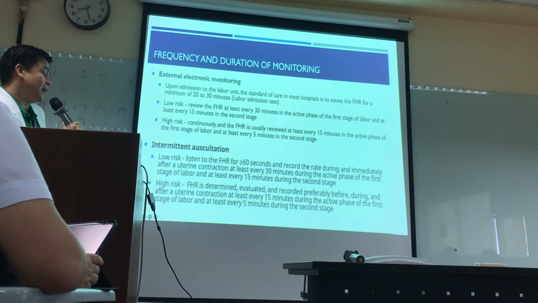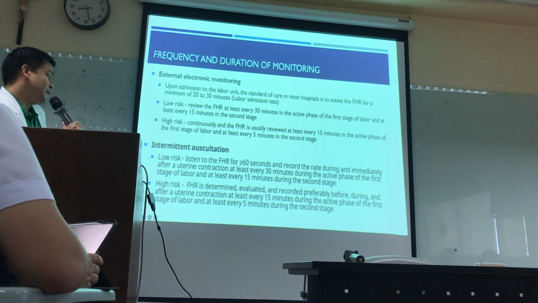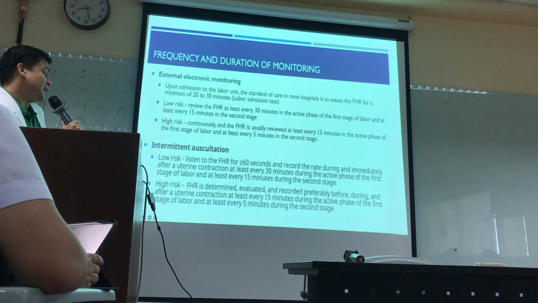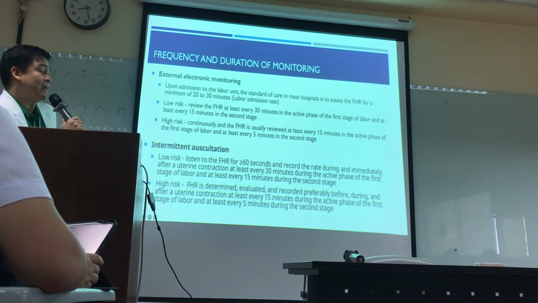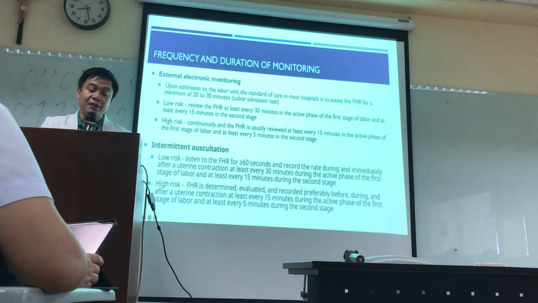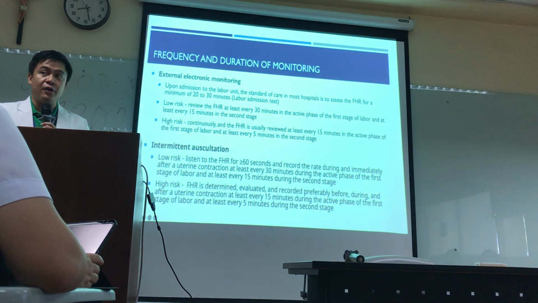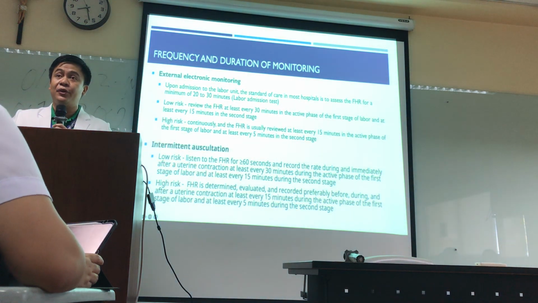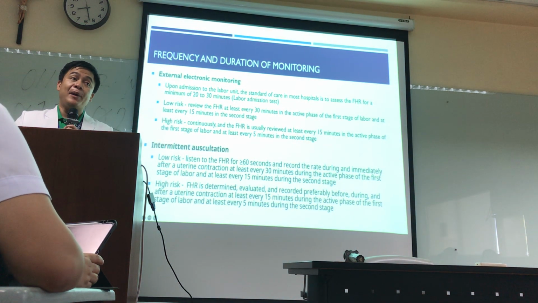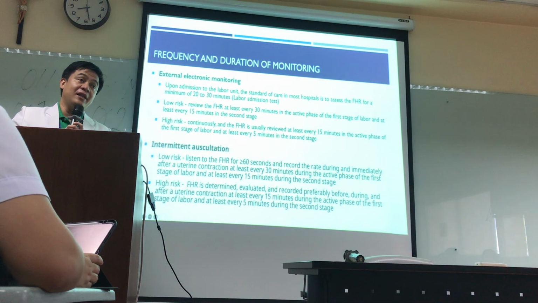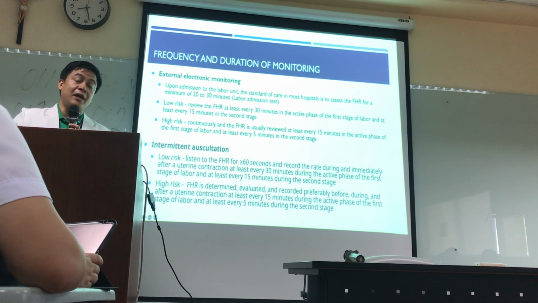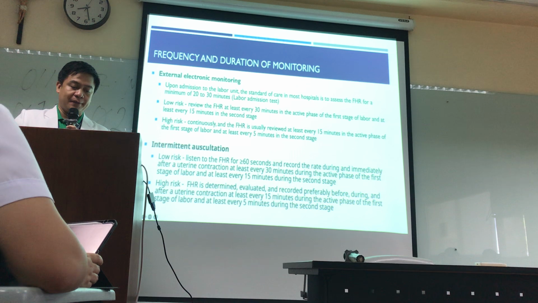For high risk, again, it's more frequent: every 15 minutes during the active phase of the first stage, and at least every 5 minutes during the second stage. It's important that you also auscultate during contractions so you can appreciate possible changes in the fetal heart rate, especially decelerations.